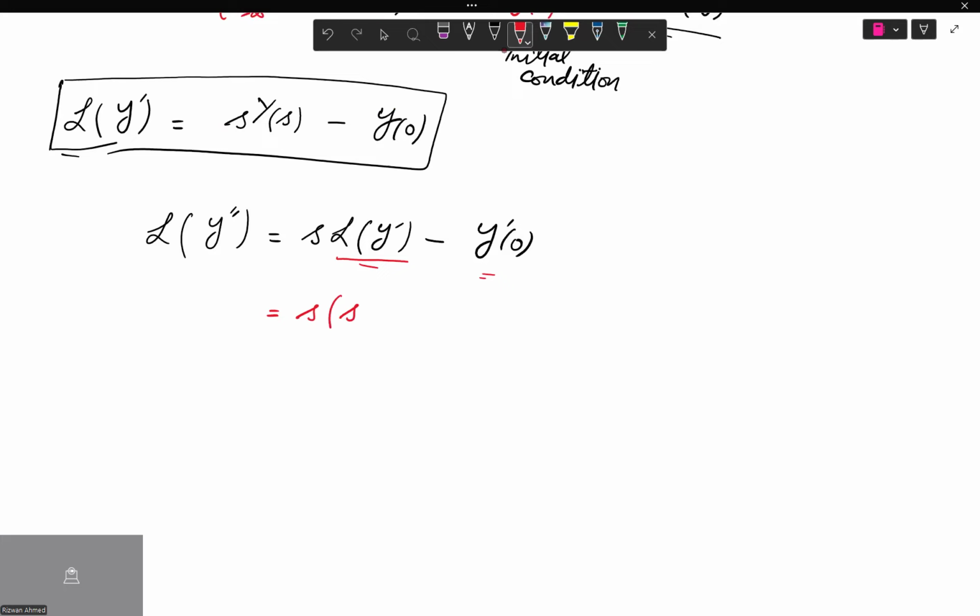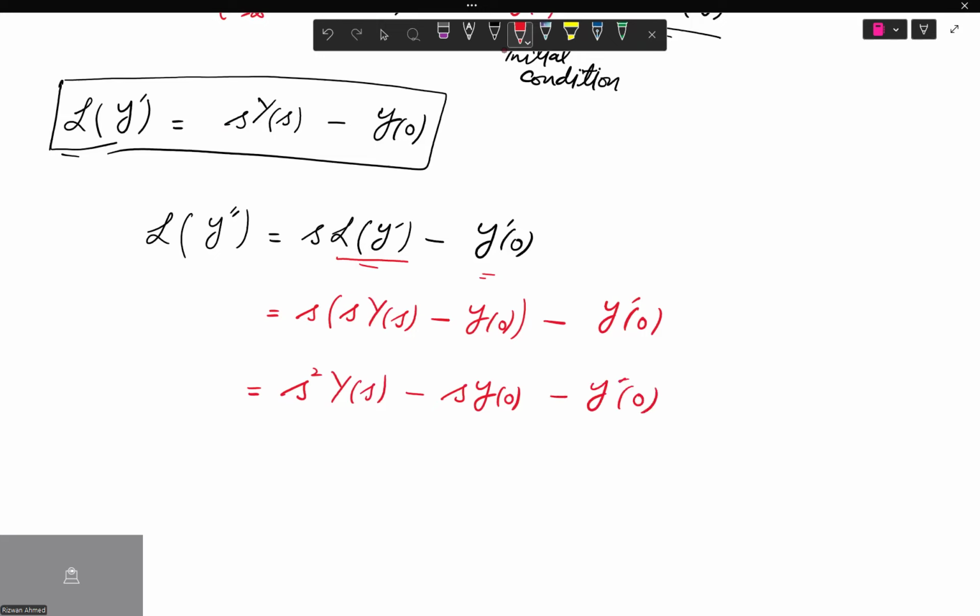So it is s times Y of s minus y of 0 minus y prime of 0. So it is then s squared Laplace of y minus s times y of 0 minus y prime of 0.